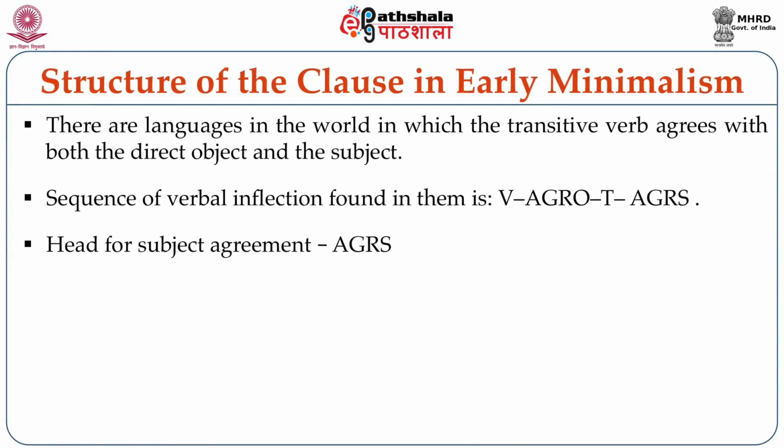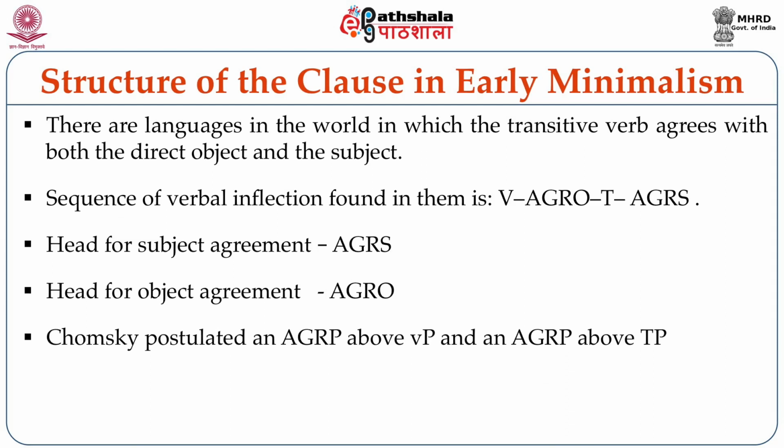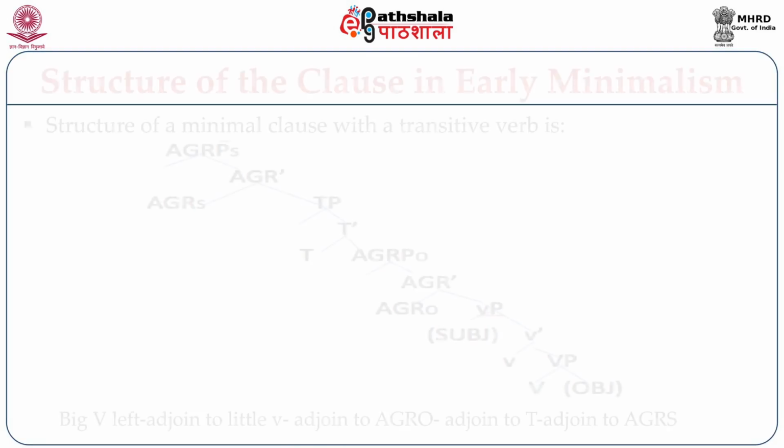To account for this, we postulated two separate heads, AGRS, the head for subject agreement, and AGRO, the head for object agreement. Chomsky said that AGRP exists both above VP and above TP, and he subscripted them with S or O, indicating whether it is subject or object agreement.